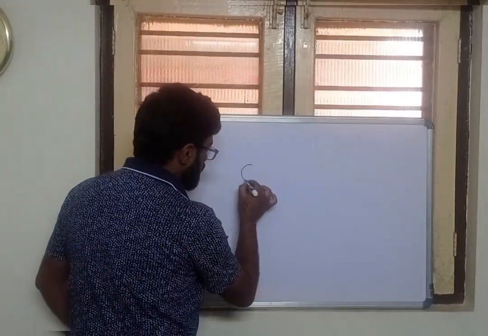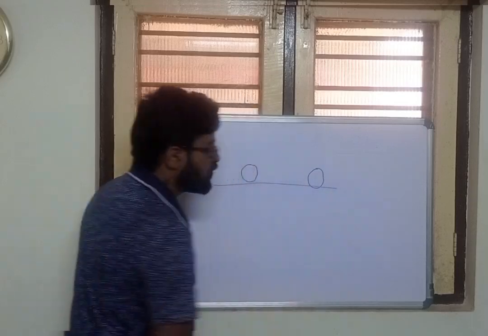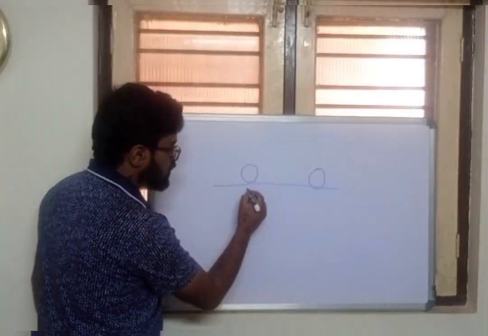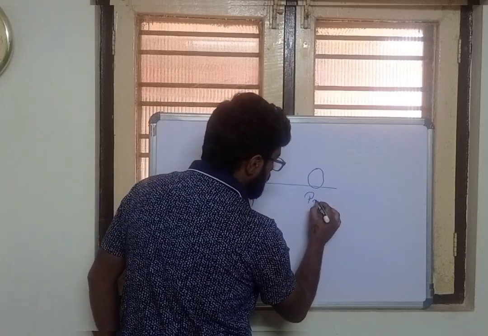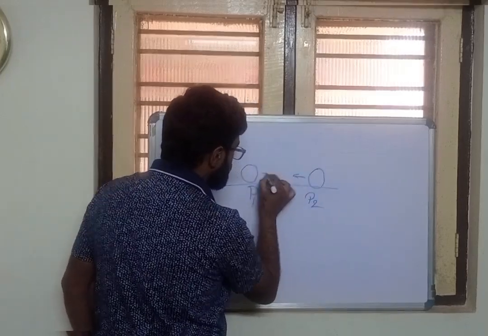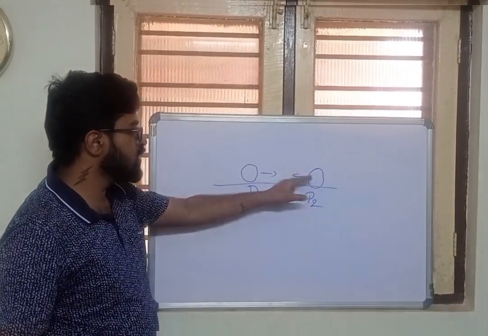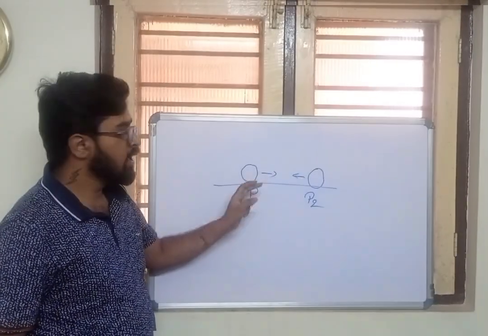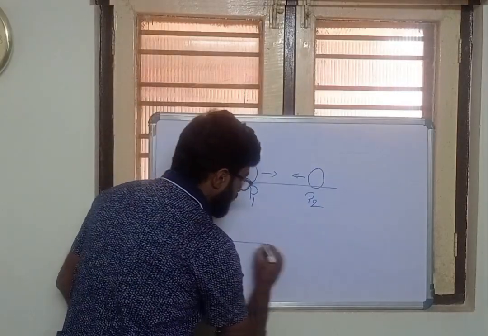Suppose two objects are moving with momentum P1 and P2 in opposite directions and they are going to collide. So what happens when they collide?